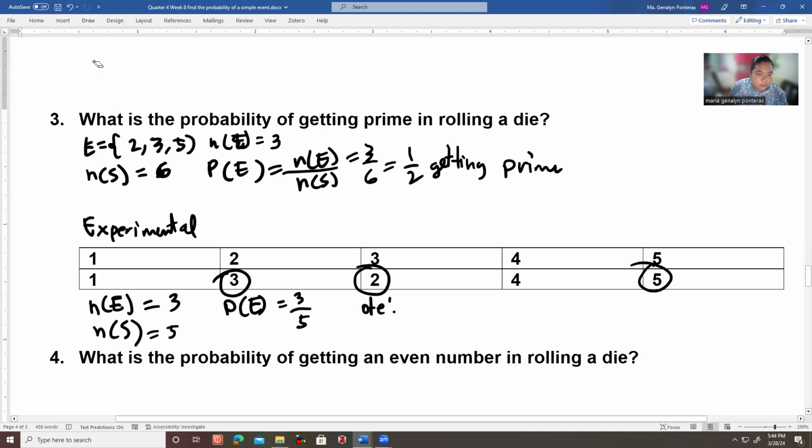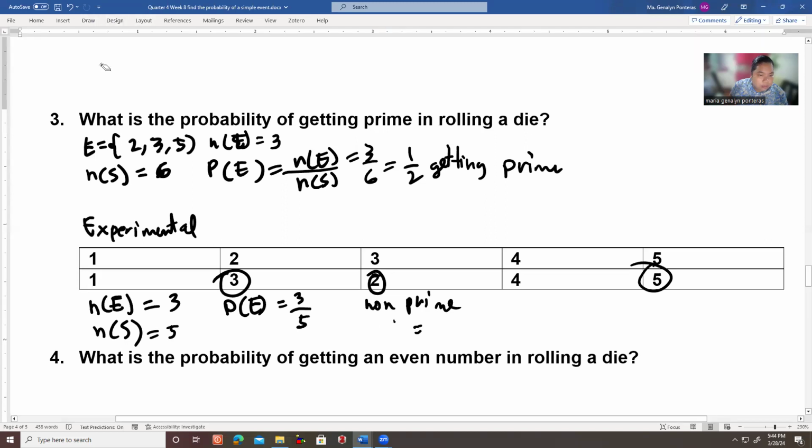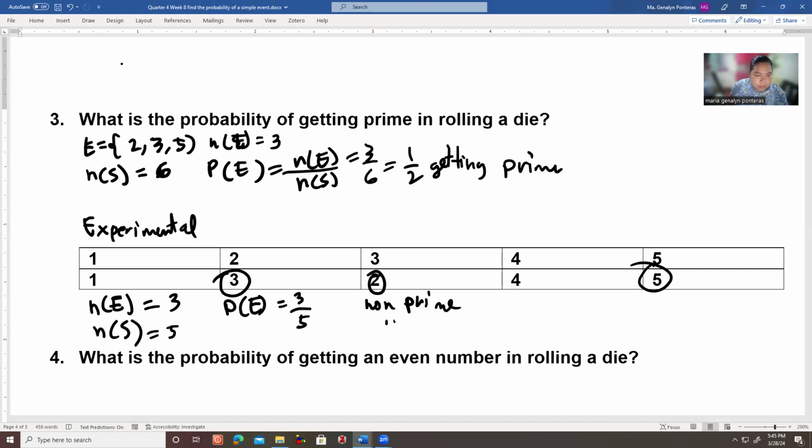So here, for non-prime, the cardinality of non-prime is 2.